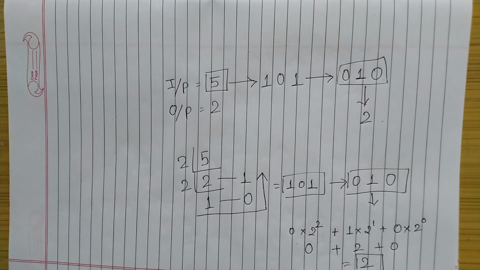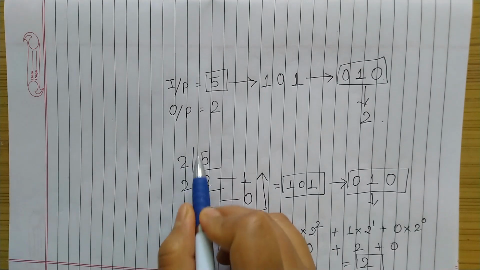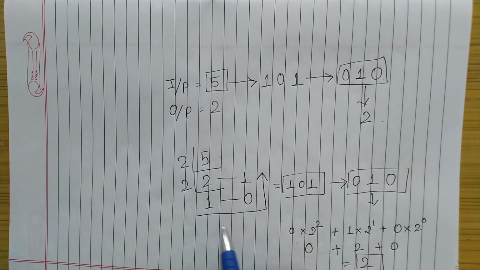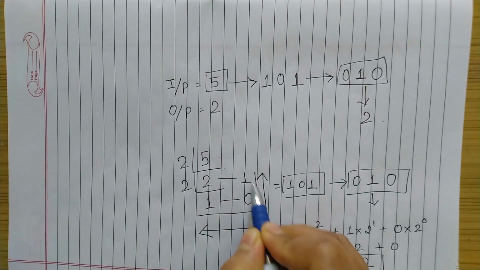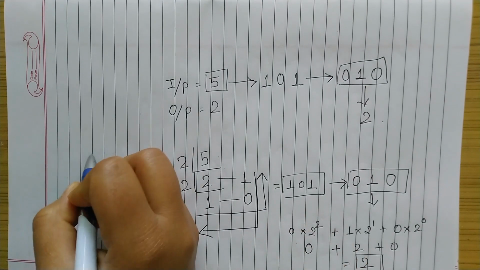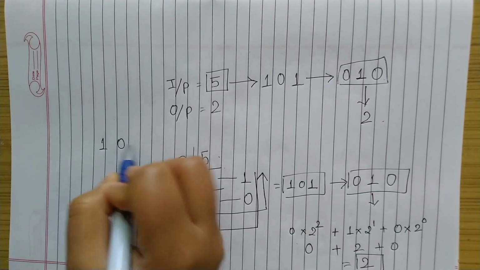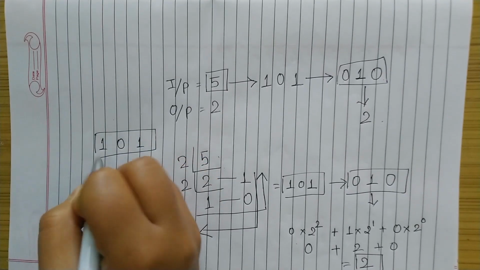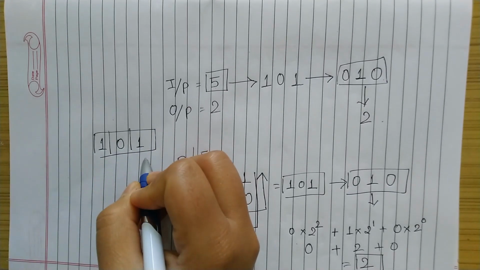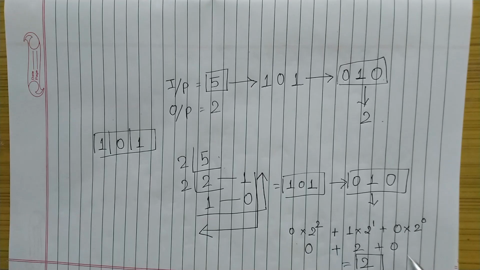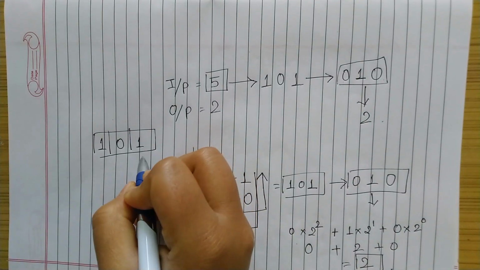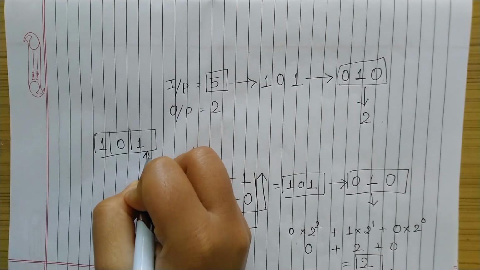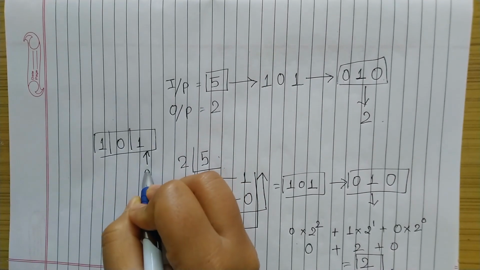So while doing it in code, what we will do is when we convert 5 into binary, it will be stored in an array in this form. So we will have it in reverse form. So we will have an array of 101, but this is technically reverse. So while traversing back, when we are trying to convert it back into decimal, what we will do is traverse from the end and convert this into 0 first of all.